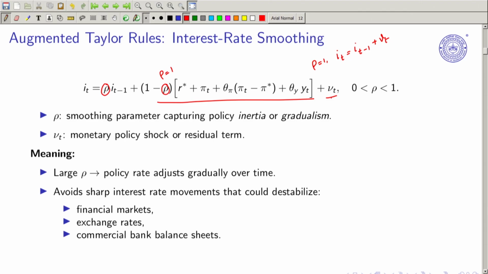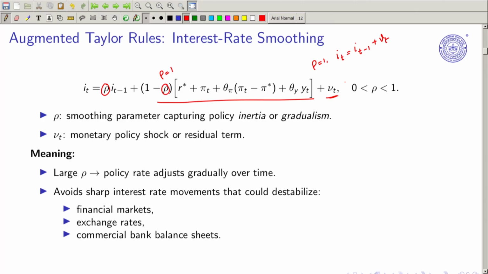And rho varies between 0 and 1. So if I take the extreme value of 1, then my nominal interest rate is the same as the previous period rate of interest, which means that anyone can predict. But in real life, this is not the case, and it is not so easy.